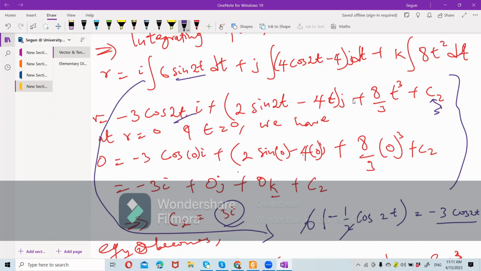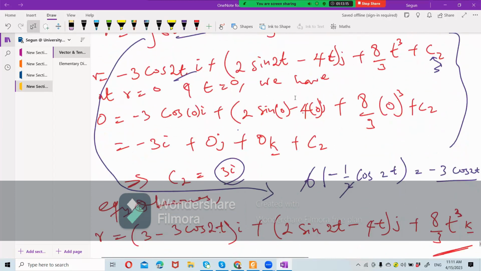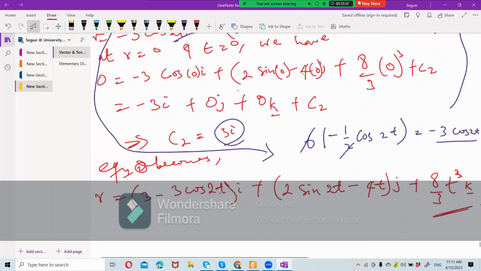Now I have another cos. Remember that the one I'm solving, I have it to be minus 3 cos 2t plus 3i. The 3i is the one that I got from C2, and I know they are the same component, so I can match the two together.